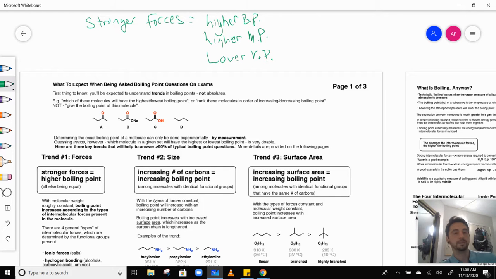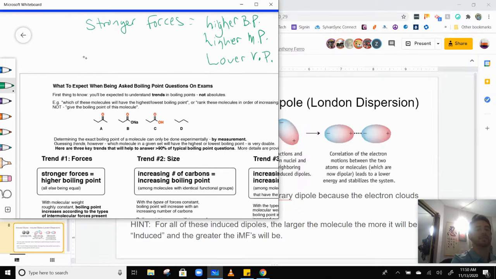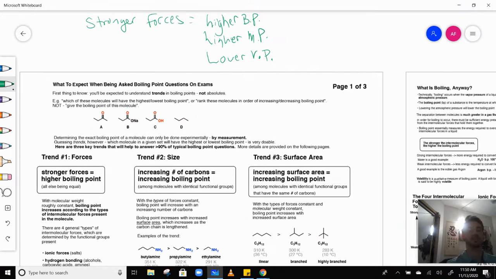Just keep that in mind. This is specifically about boiling point, but it can be applied to melting point and vapor pressure in the same sense. So just understand stronger forces mean these things, but really what we're looking at here is just the strength of the forces.